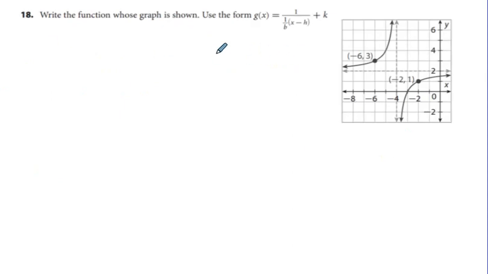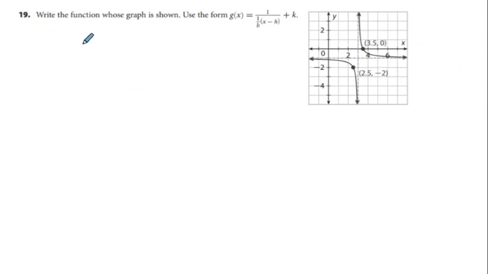Okay, for number 18, I don't want to get into it. We have the form 1 over b again, in the denominator. My preference would be that you instead write this in the form a times 1 over x minus h plus k. I think it's easier to do, and that's the way I'd do it.